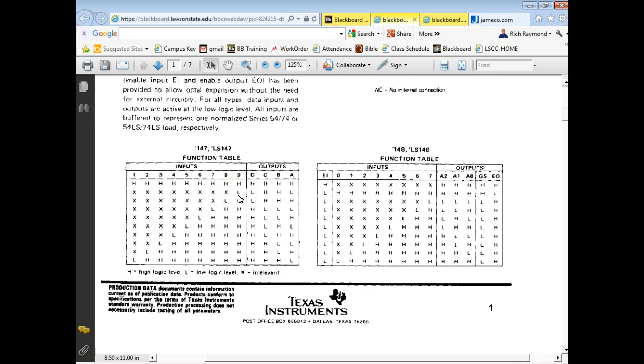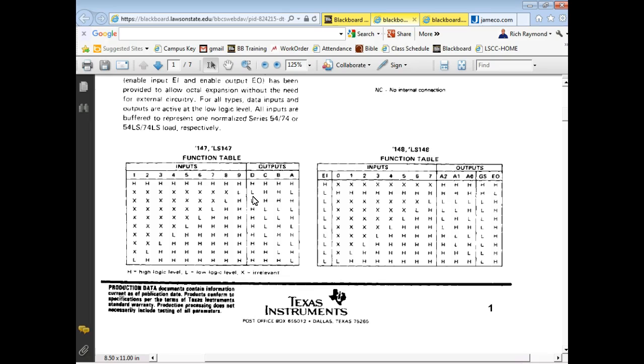Well, it's a 9. So I'm sorry, it's a 9, but these are low active. So if these are low active, then this is true, and this is true, and these two are false, right? You'll understand that. So if this is true, that's 2 to the 0. If this is true, that's 2 to the 3rd, so that would be a 9.